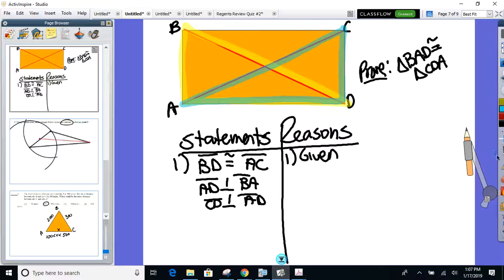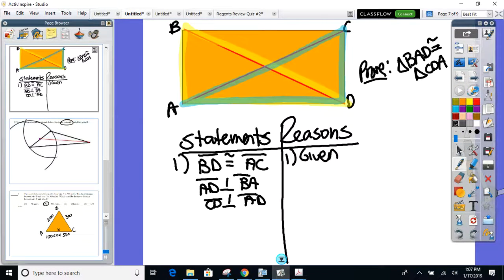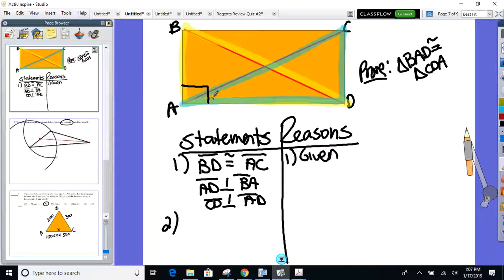All right, so I'm trying to get those 2 overlapping triangles congruent to each other. I do know that these diagonals are congruent, but that's it. I do give you perpendicular lines, and we know they form right angles, so I'll put that in my proof: that angle BAD and angle CDA are right angles.